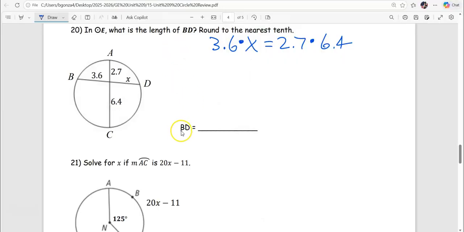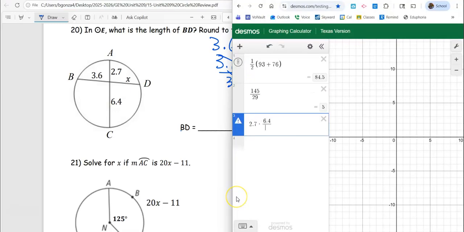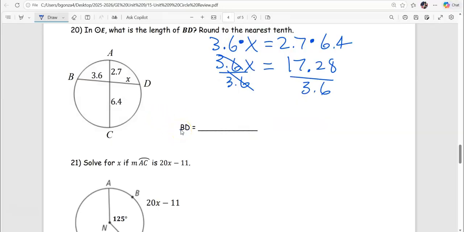You get 17.28. And then you got to get rid of that coefficient by dividing by 3.6. And you get 4.8.